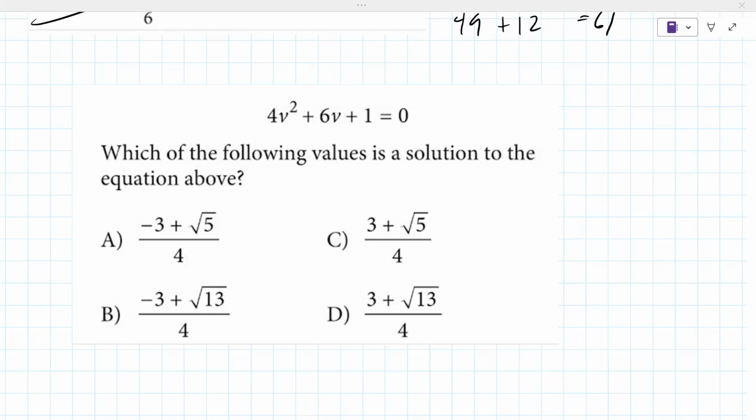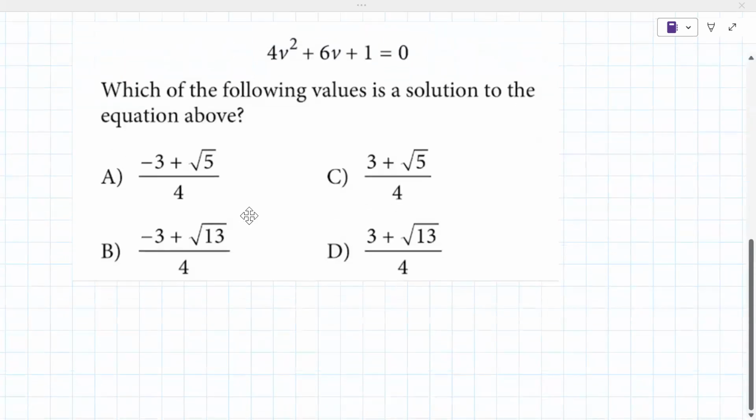Is it A? Okay, and how confident are you in your answer? Confident. Okay. What did you do? Did you do the part under the root? Did you do something else? Tell me how you worked through this problem.